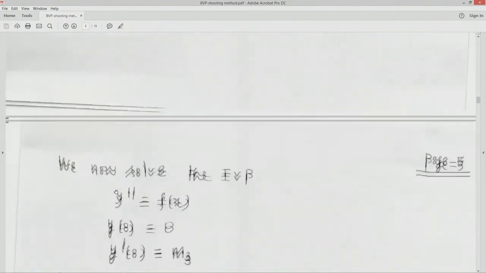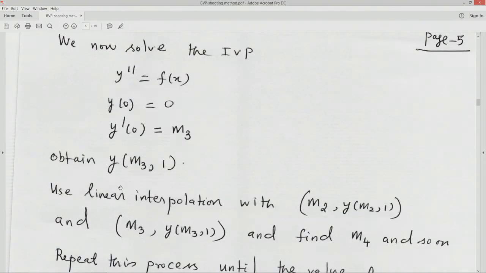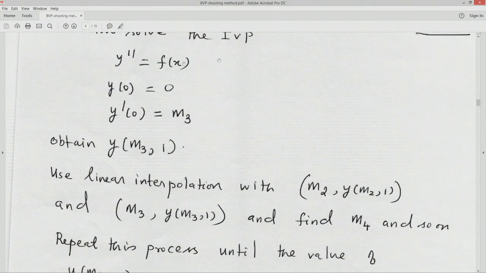And we now solve the initial value problem y double dashed is f of x with y of 0 equal to 0 and y dashed of 0 is m3 that we have computed just now using linear interpolation, and obtain the solution by any of the techniques that we know for solving initial value problems, and say the solution is denoted by y of m3, 1.